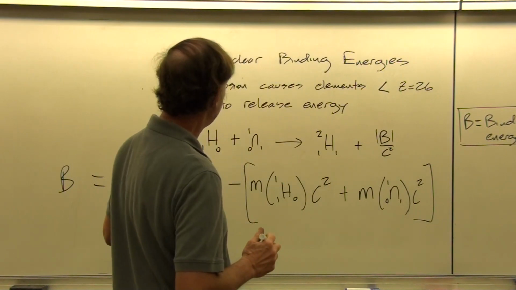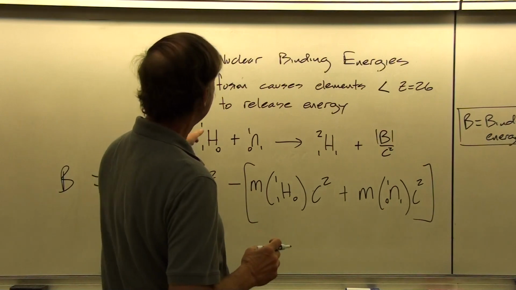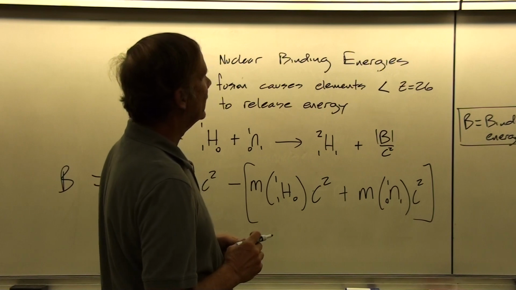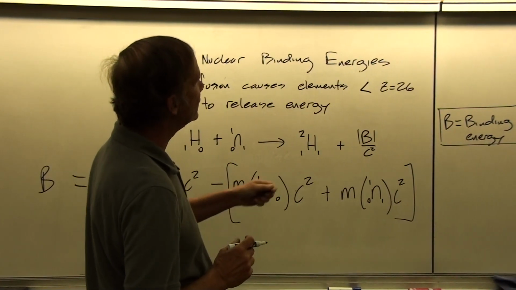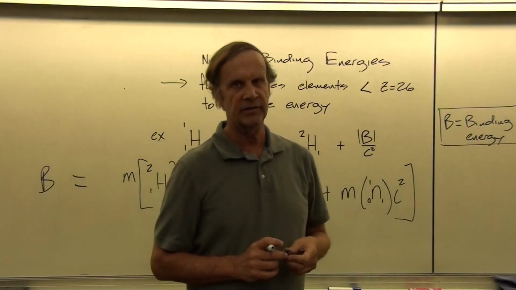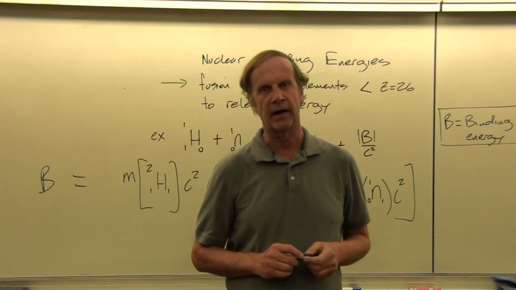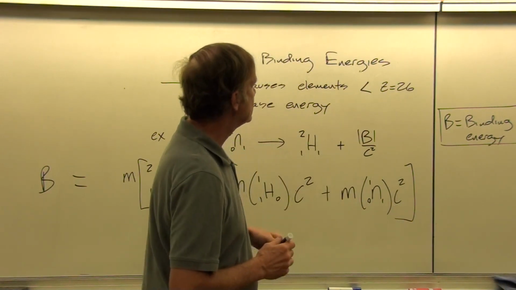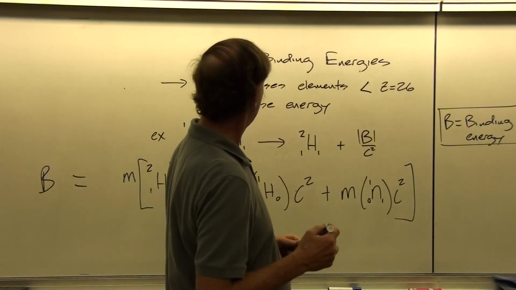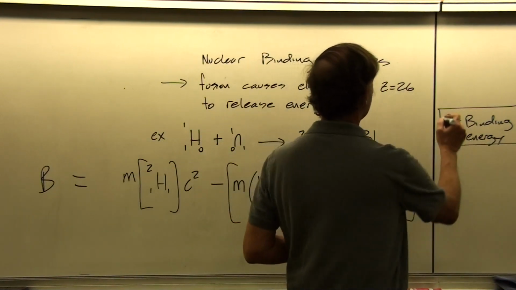And so we can look at a reaction that tends to spontaneously go, and we find that these reactions tend to have a number of protons in the nucleus that's less than 26. And 26 is the atomic number for iron. We're going to talk a little more later about why that's true, but it turns out that what we call fusion can happen for these elements.